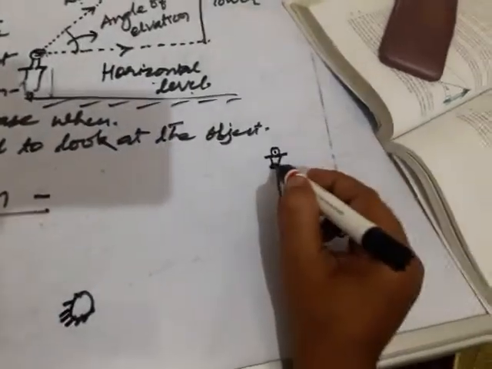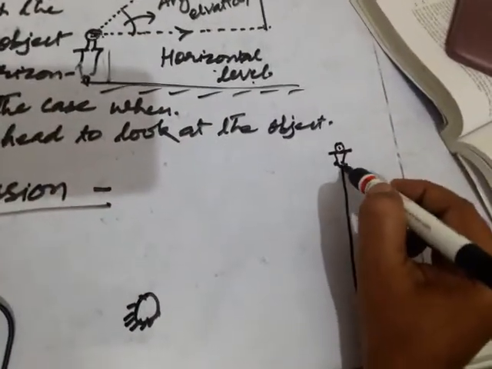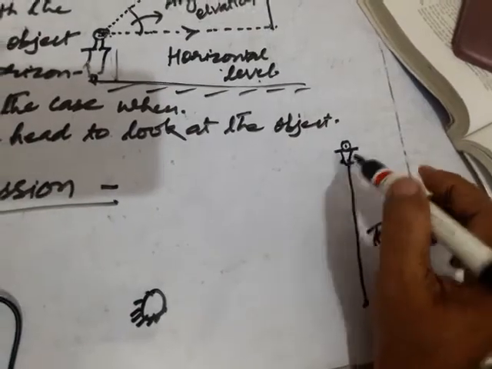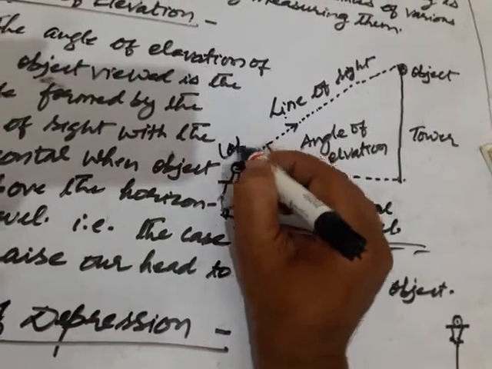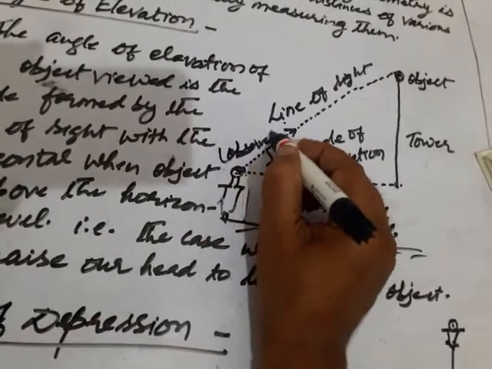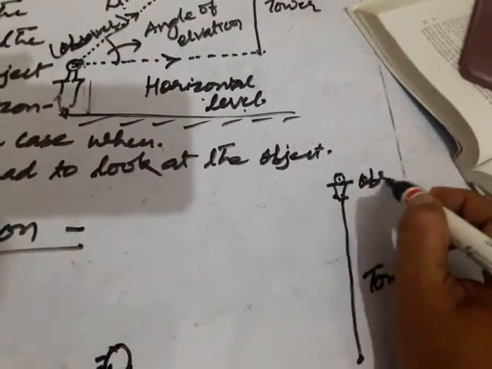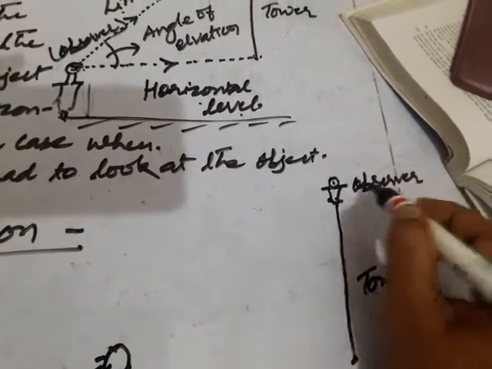Observer's eye is here. See, the observer is sitting on the top of the tower. Clear? This is called the object. This is the observer, but this is the object.